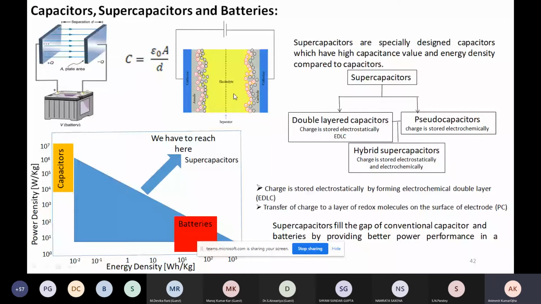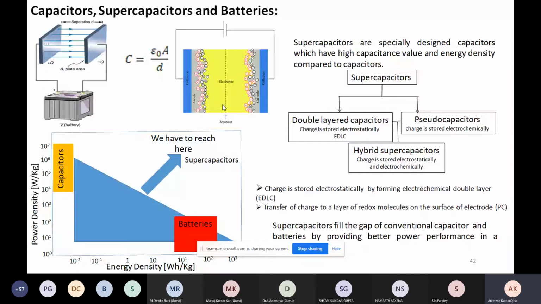Now see, this supercapacitor is divided into different categories. One is the double layer capacitor, for which the figure I have shown is an example, where charge is stored electrostatically. This is called EDLC, electric double layer capacitor. Another is the pseudo capacitor, where the charge is stored electrochemically.